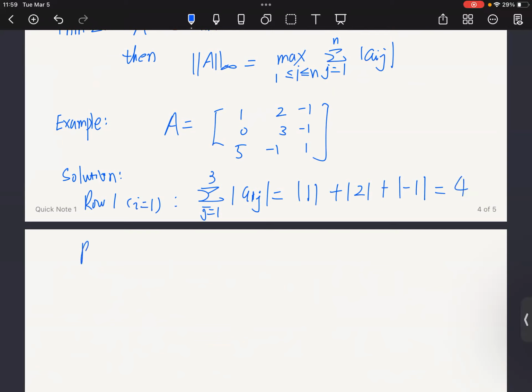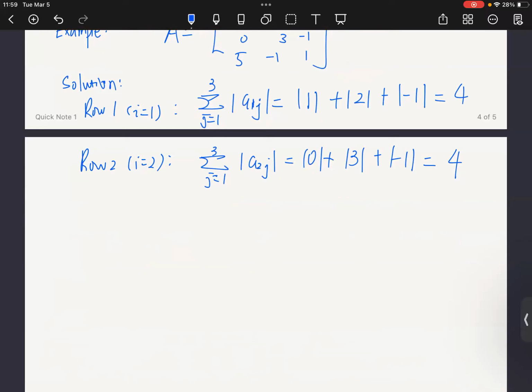And then the second row, row 2, I equals 2, and then we have the sigma sum for all the second row elements, taking the absolute values, and then taking the sigma sum, we have 0 plus 3 plus -1, taking all the absolute values here, and it equals 4.